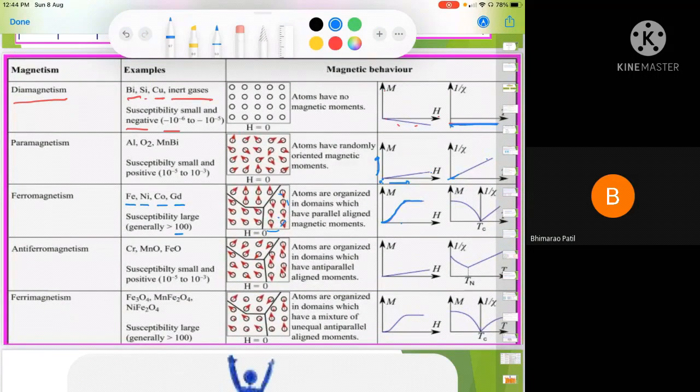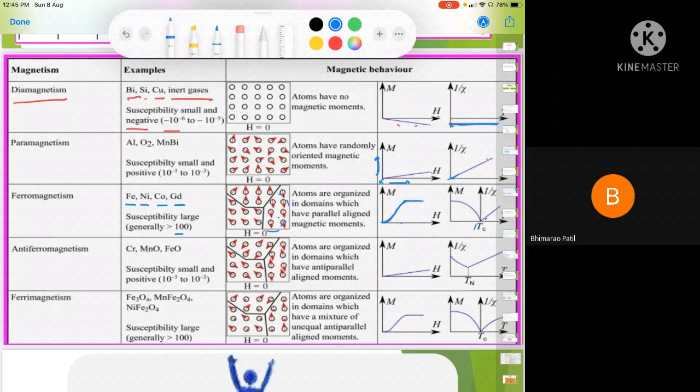If you plot the graph of the reciprocal of the magnetic susceptibility versus the temperature, then you see first it decreases, and after the Curie temperature it rapidly increases like paramagnetic substances.